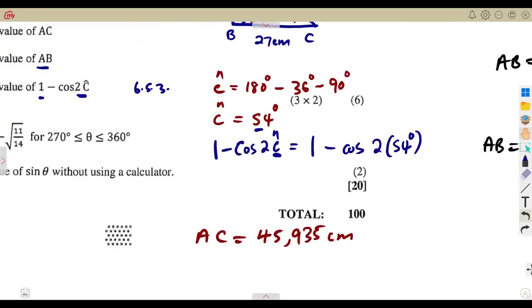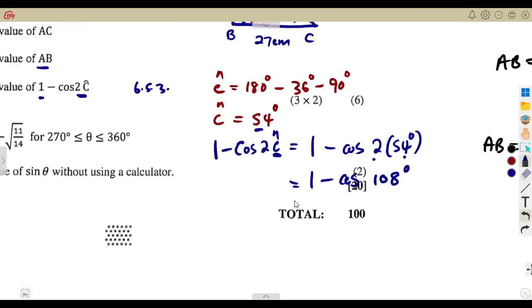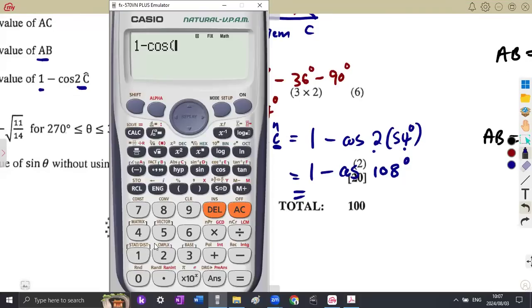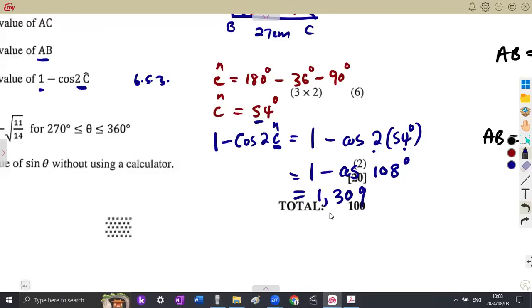So there we can just use our calculators straightforward. 1 minus cos 2 times 54, that is 108 degrees. So that is 1 minus cos 108. All right, so that was going to be 1.309, just like that.